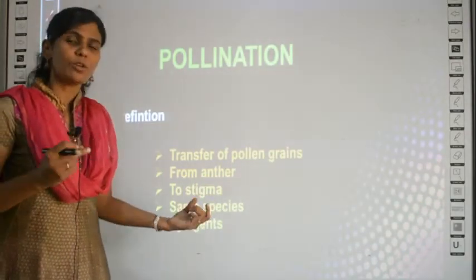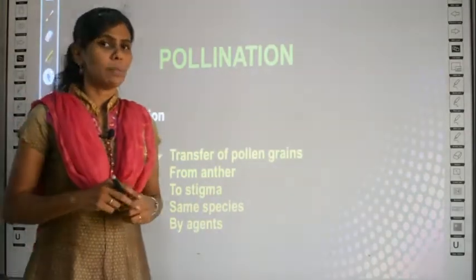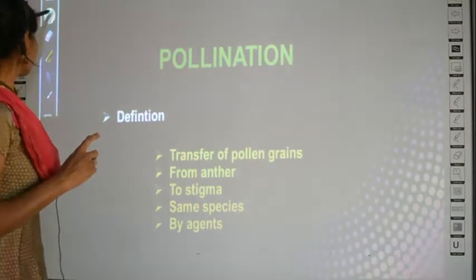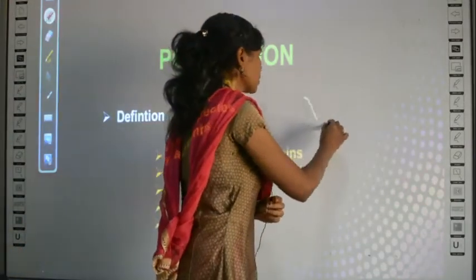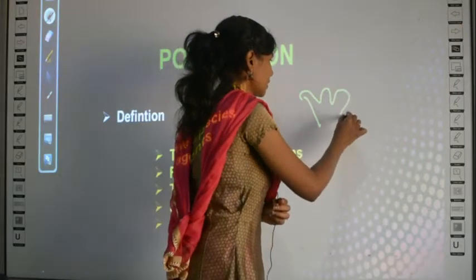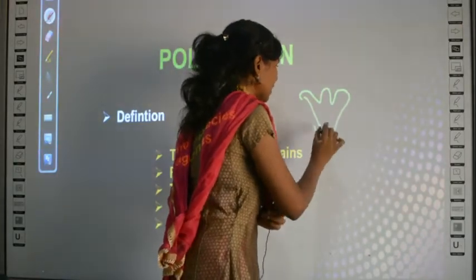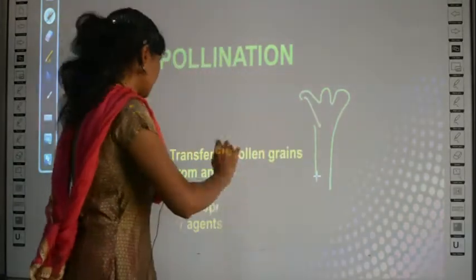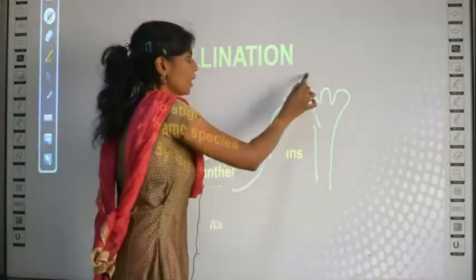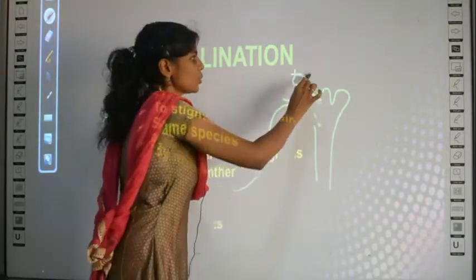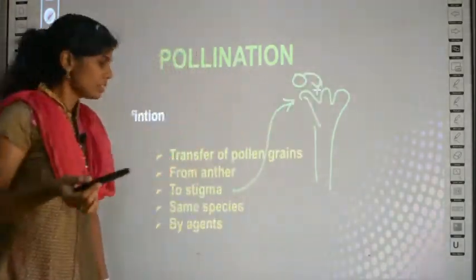It is transferred to the stigma of another plant. What is stigma? In a flower, do you remember the structure of stigma is like this, right? The female gamete has stigma, so this is stigma.